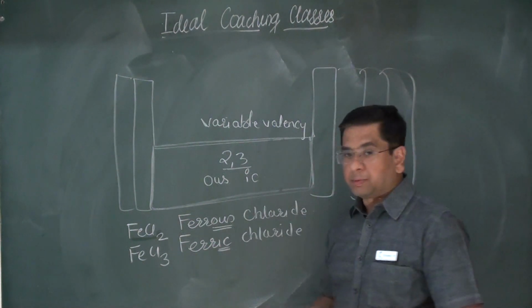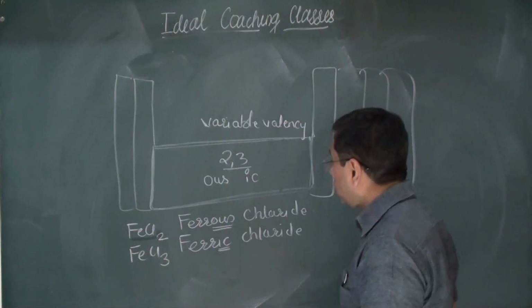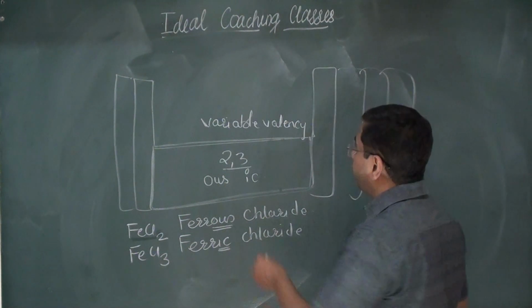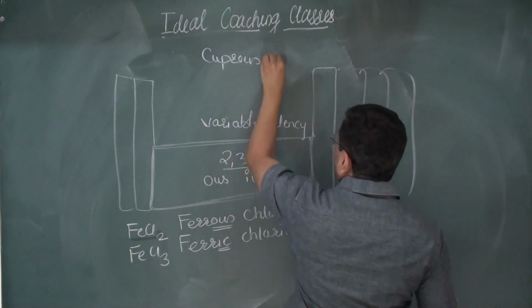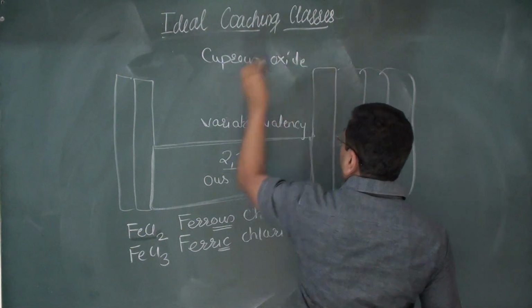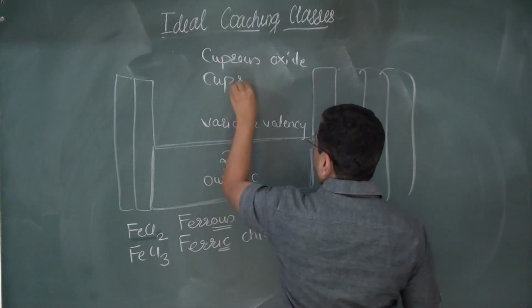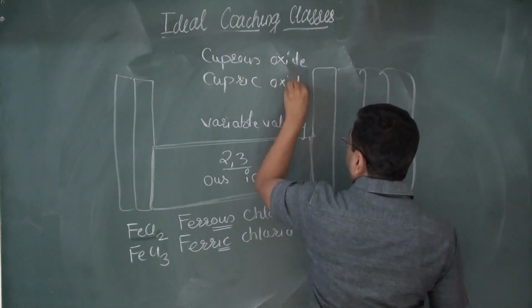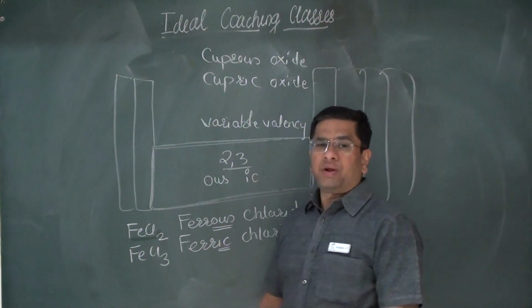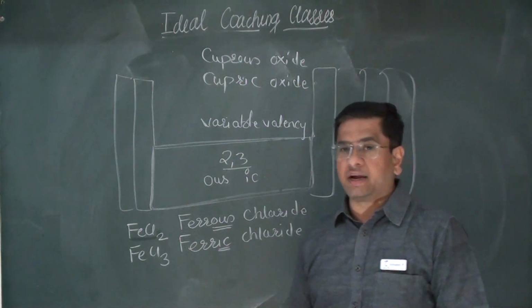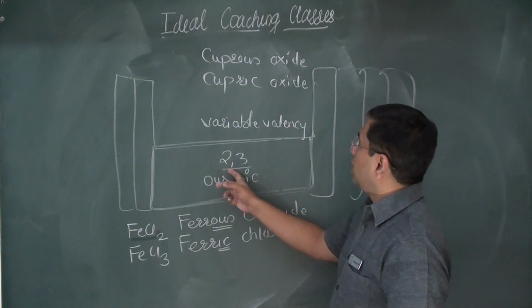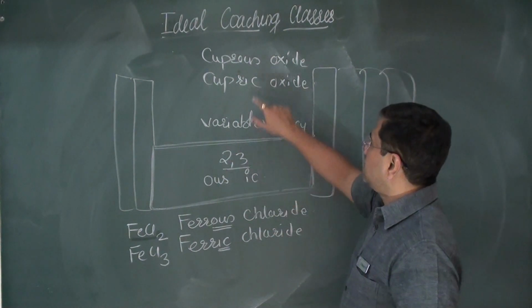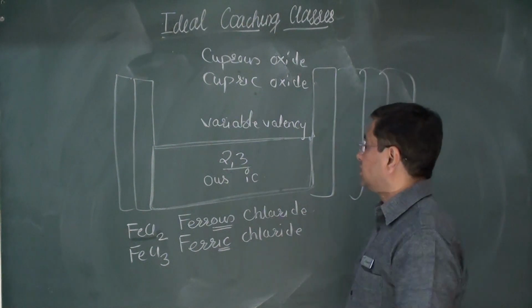It looks very simple, but if I ask you what is the formula of cuprous oxide and cupric oxide, please don't misunderstand. Valency 2 is cuprous, valency 3 is cupric? No, that's not the case.